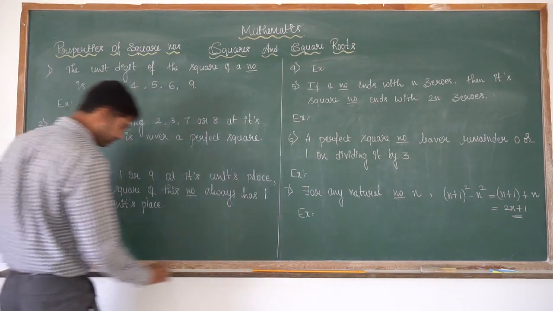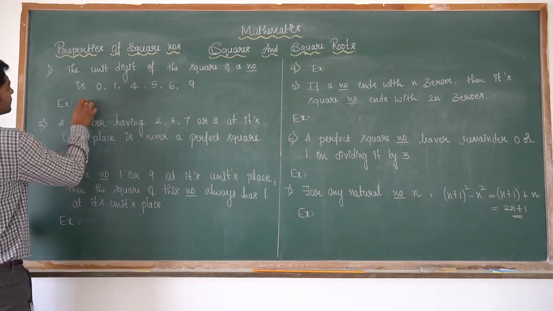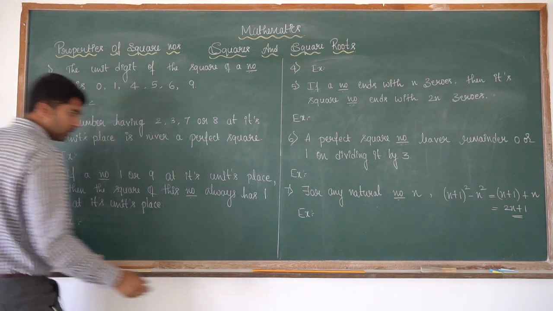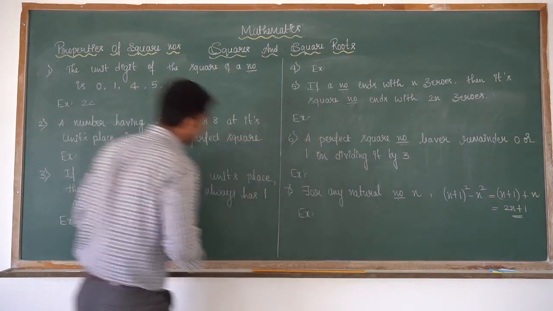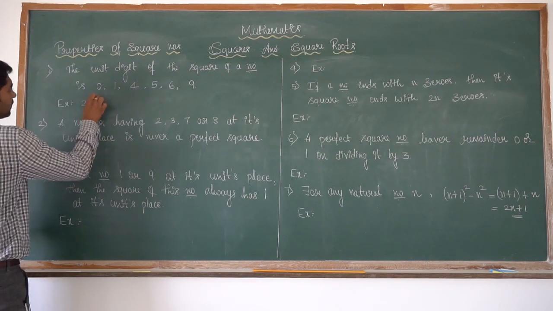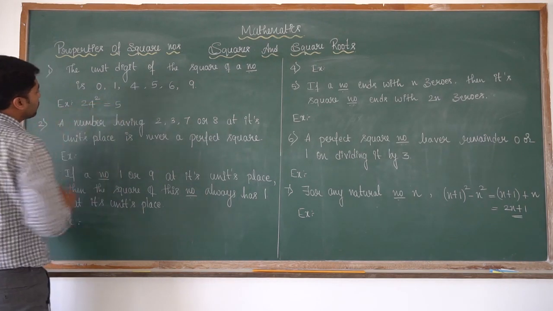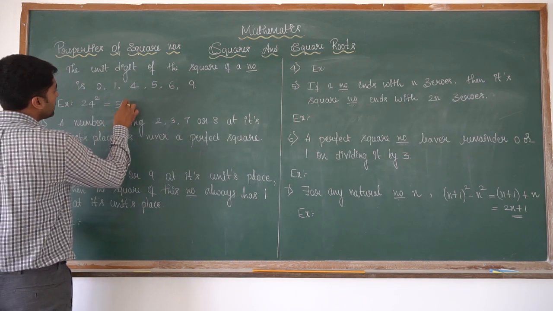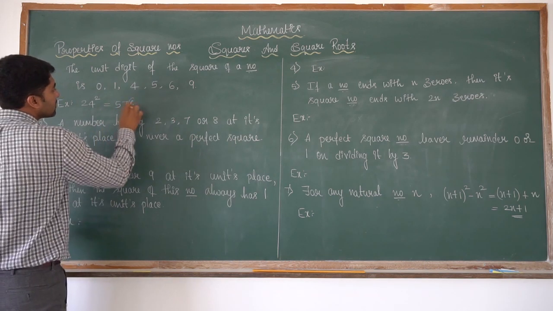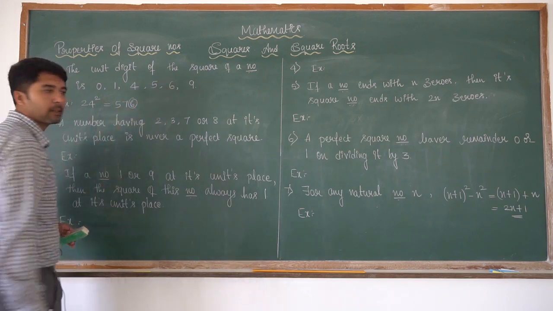If I take 24 square, the square of 24 is 576. 6 is in the unit digit.